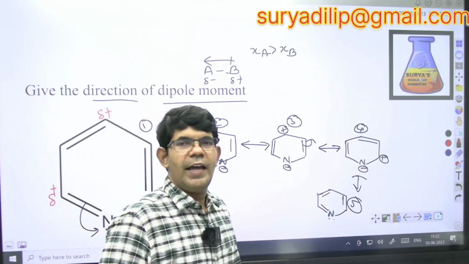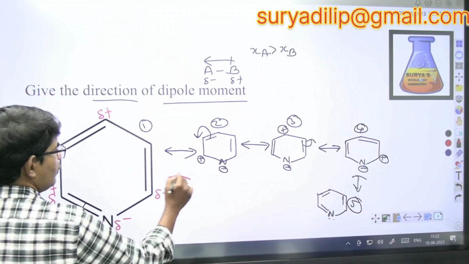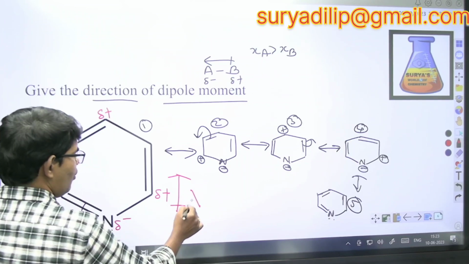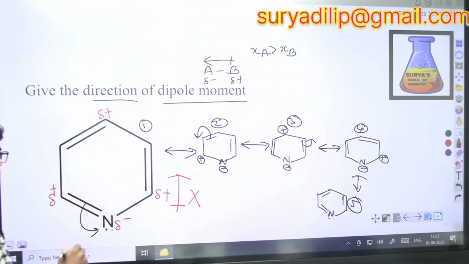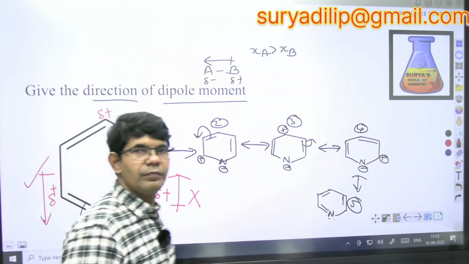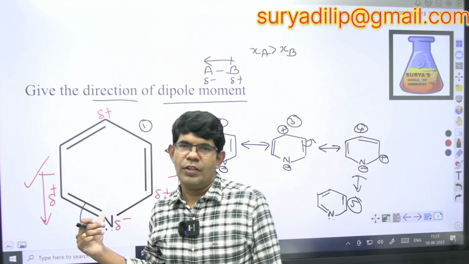So the direction of the dipole will be in this direction. Is it? No, it is wrong. It should be opposite, right? Nitrogen is electronegative, so this will be the correct one. Did you understand? I hope you have got the concept, guys.